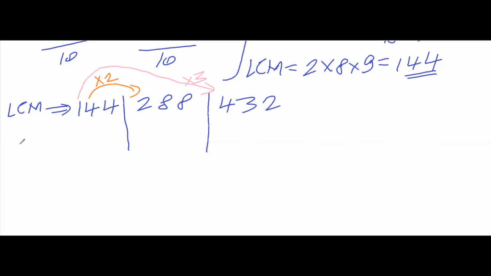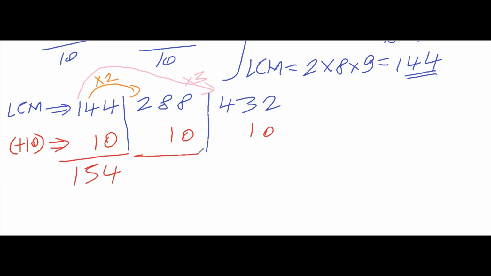So after this, I am going to add 10. So that's what it is, because of this remainder. Remainder 10 is required. So I am going to add this 10. So this will be what? 154. This will be 298. This will be 442. Okay, I have selected only 3. Okay, we could have selected a few more numbers, but I have selected only 3.